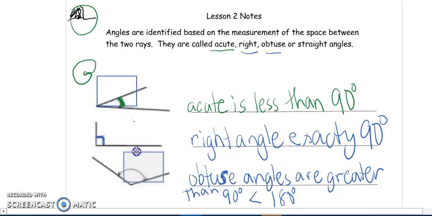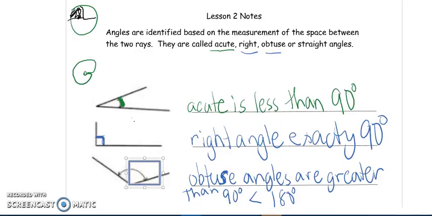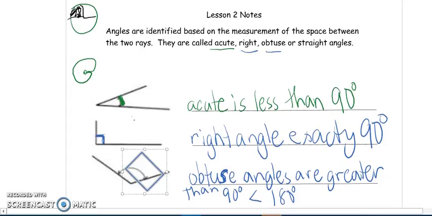Now, if I put this at the vertex here, and I was able to turn it, which I don't know if it's going to let me do, it might let me get this in here.